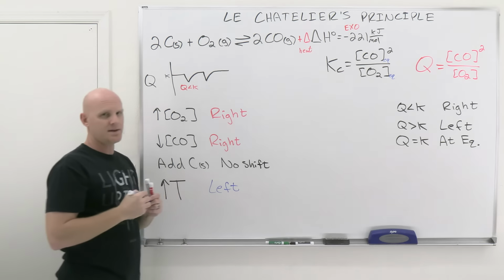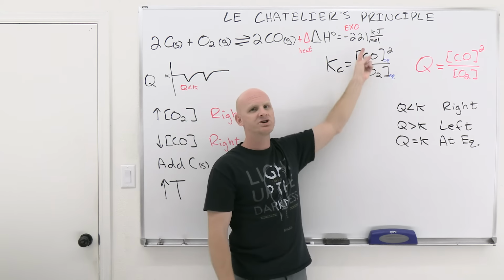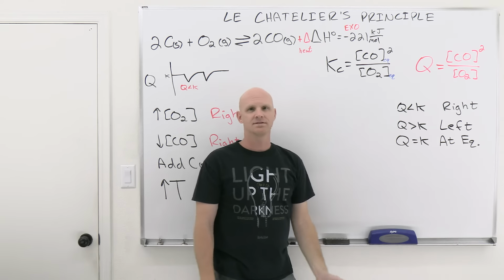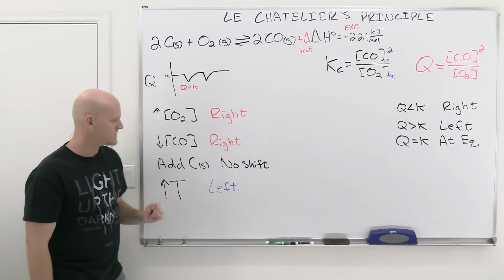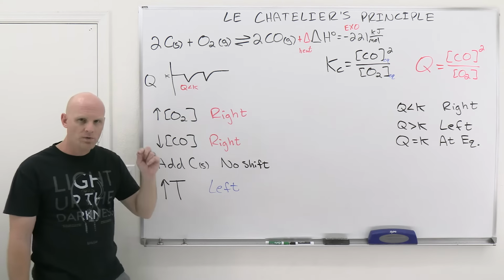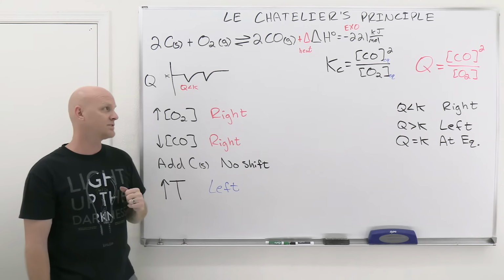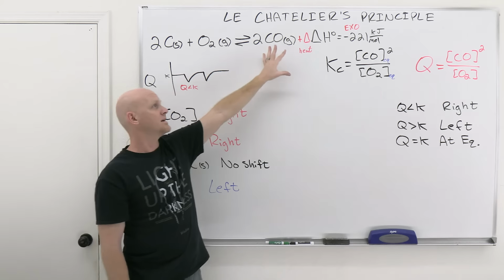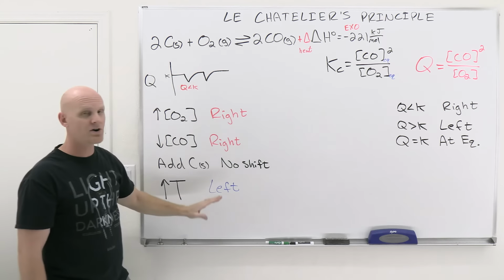But this one's tricky. Because if you look, by adding heat, did I change this ratio at all? Well, I didn't. Then you might be like, well, then we're still at equilibrium. Well, we're not. Because if you recall, temperature is the only thing that actually changes the value of the equilibrium constant. And in this case, whatever you do with temperature causes a shift to the left, like it is in our case.